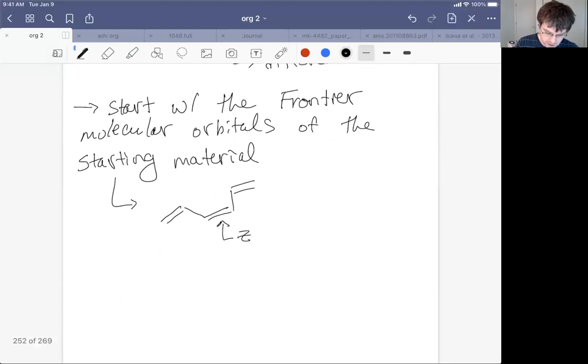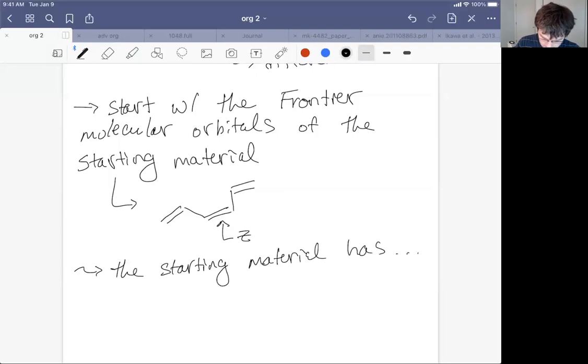So the central atom is Z, but otherwise we have an extended, conjugated pi system with 6 atoms, 3 pi bonds, and overall 6 pi electrons. The starting material has a conjugated pi system.